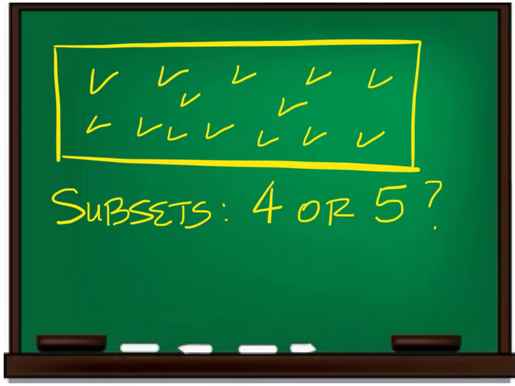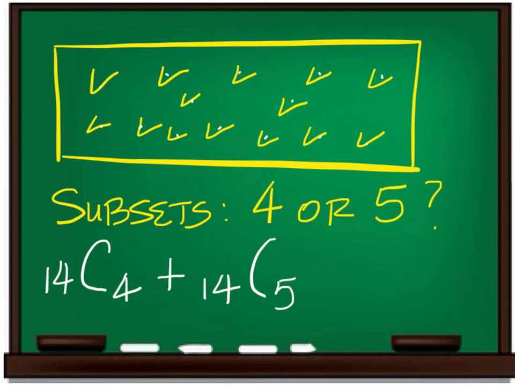For this problem, you're going to have 1, 2, 3, 4, 5, 6, 7, 8, 9, 10, 11, 12, 13, 14 elements. So 14 choose 4, plus 14 choose 5. And the answer should be 3003.